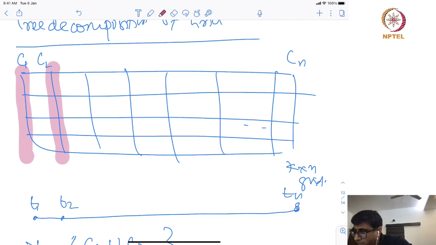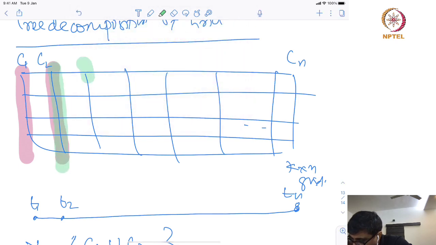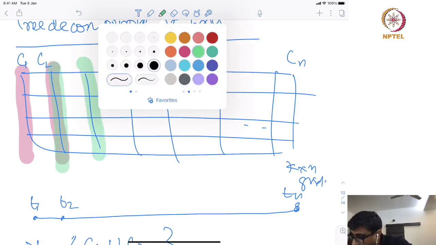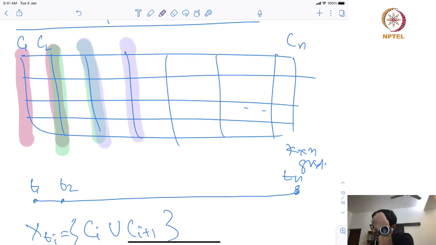And what I am going to associate to T2 is column 2 and column 3, and T3 is basically column 3 and column 4, and so on and so forth.